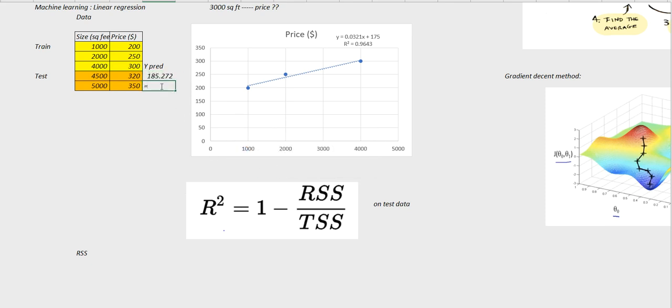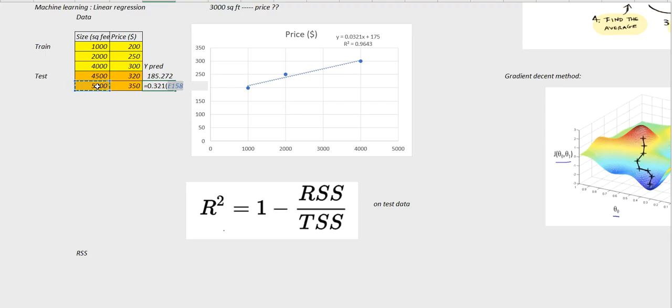Okay, and here what I will do again, 0.0321 into x. X means here 5000, plus 175, and I will even make this dynamic.